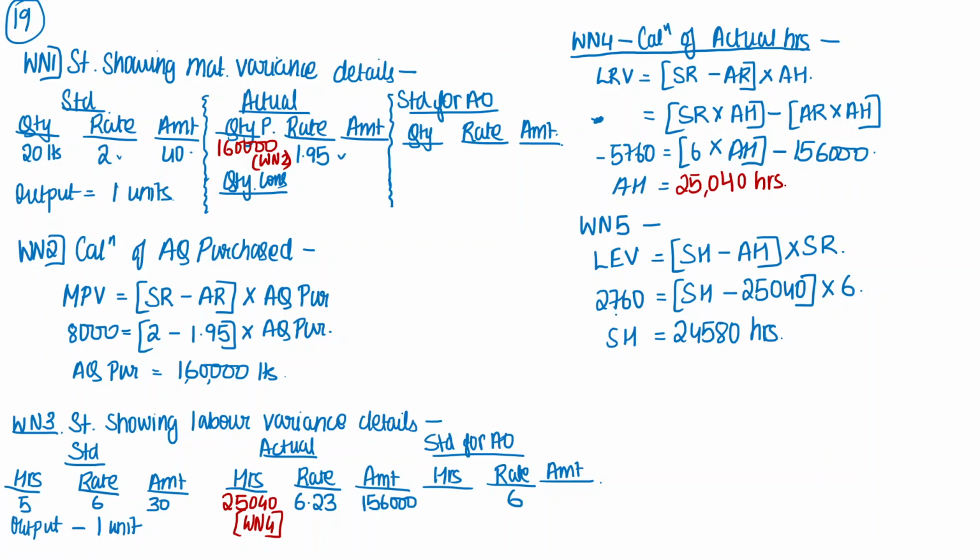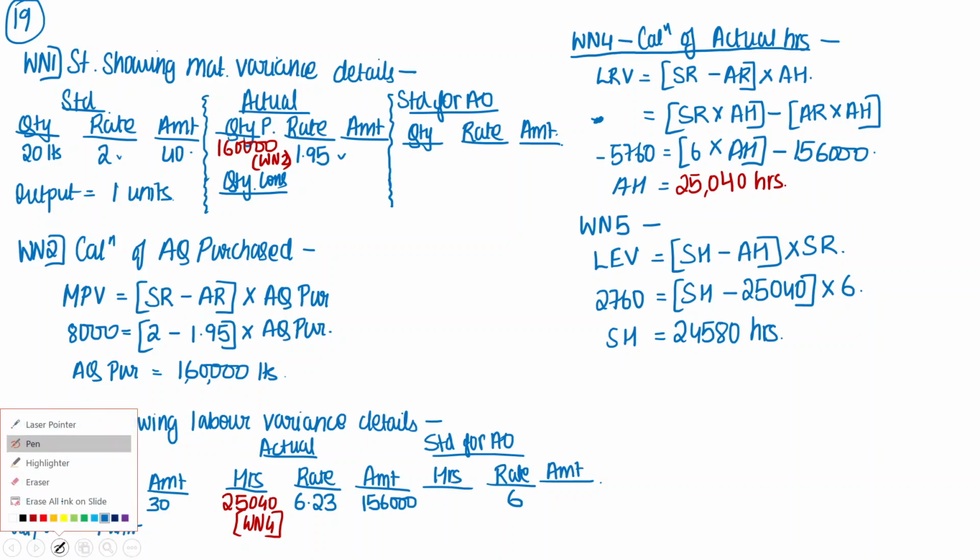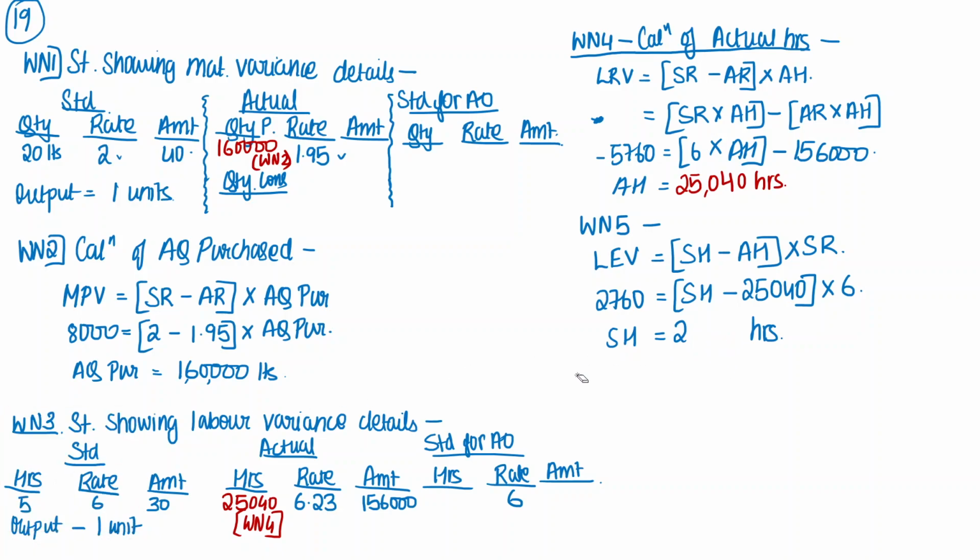2760 divided by 6 plus 25,040. 2760 divided by 6 is 460, plus, yes, 25,500 hours.